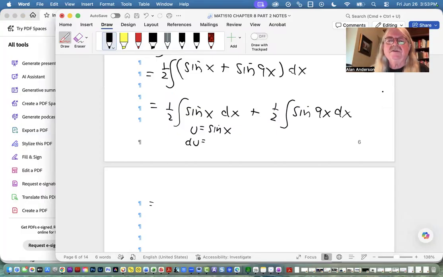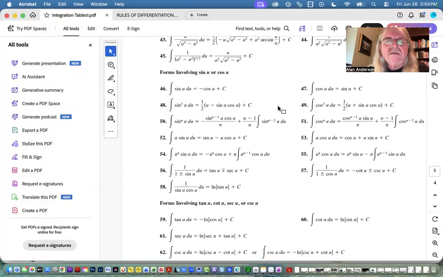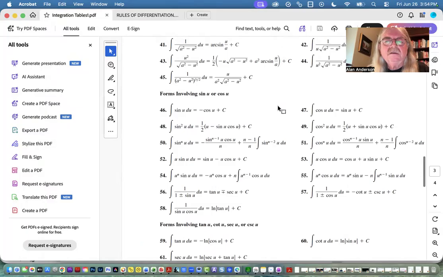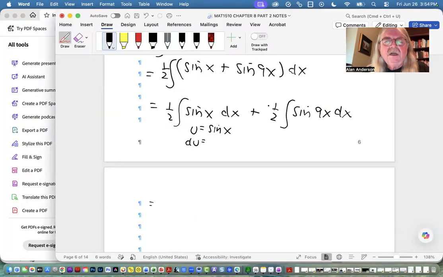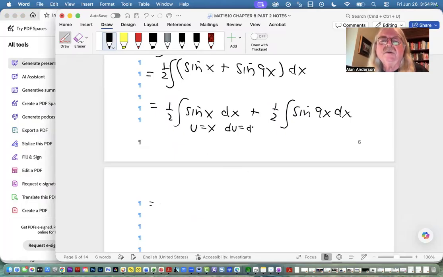No, we don't want u substitution. We want u substitution over here, though. Hold on, let me stop. Let me fix that. Yeah, see, the problem here is that if, oh, right, I get it now. Okay, so u is x, du is dx. Okay, that's what we're looking for.